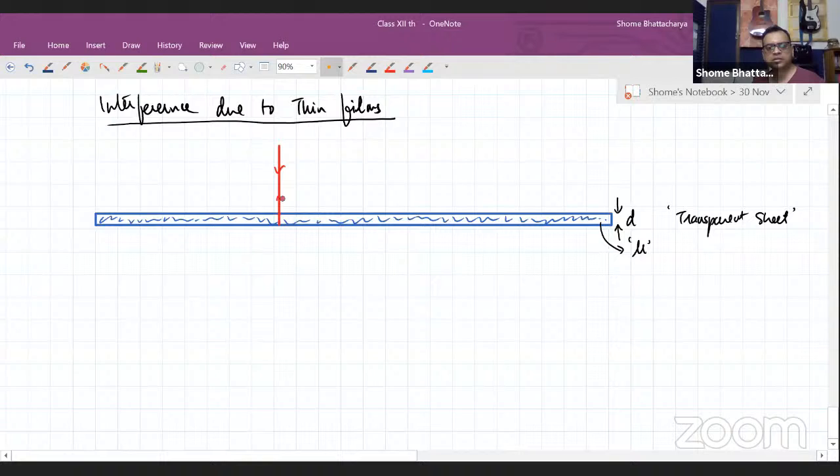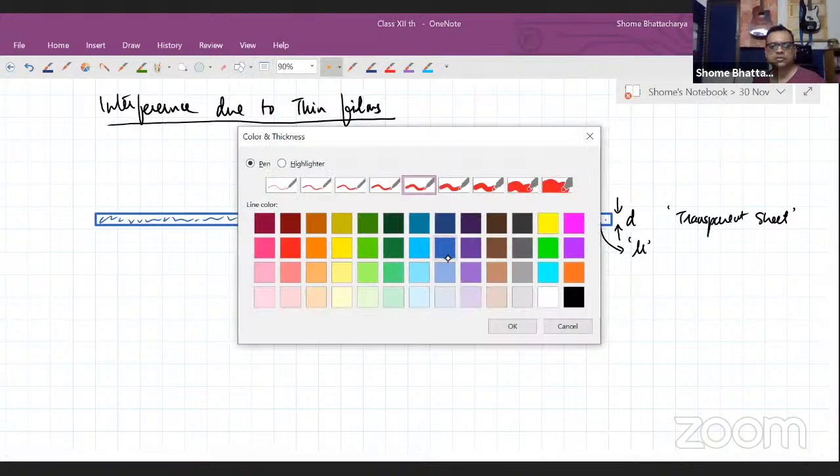So a certain percentage of intensity will reflect here, and a certain percentage will transmit and then reflect back. Okay. So if I draw a more magnified diagram of what is happening over here.